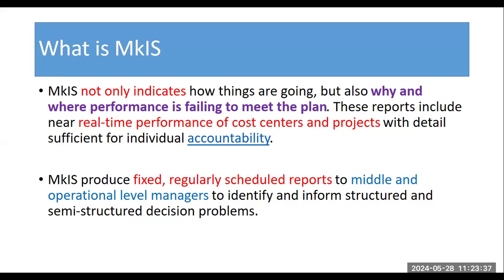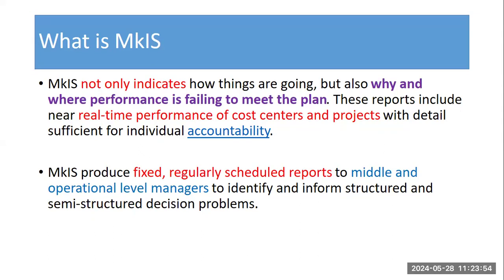So now you can understand the usage of this marketing information system, right? These reports include the real-time performance of cost centers and projects with the detailed granularity for individual accountability.